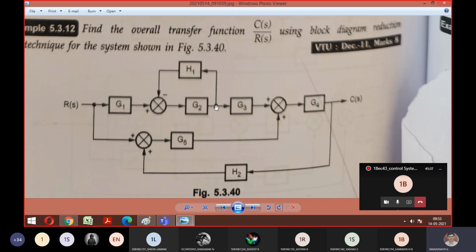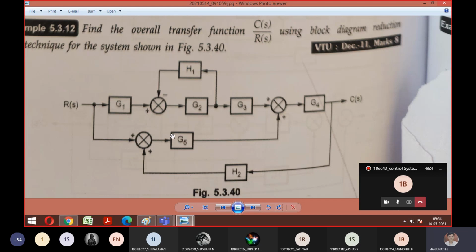Then you can't proceed with the problem because there is summing point G5, H2, everything is segregated here. So what can be done? Splitting of your summing point, forward paths and feedback path. So you can look at here, this summing point is there for G5 also and for H2 also.